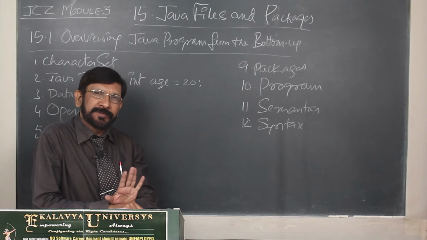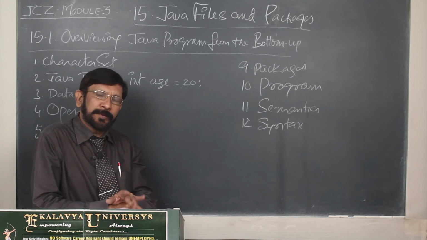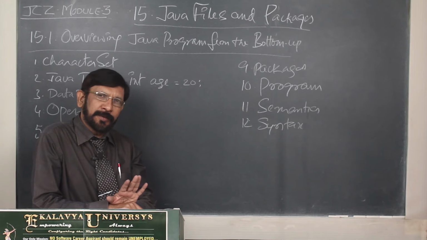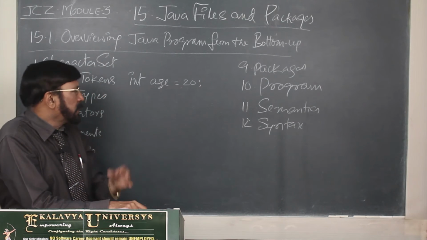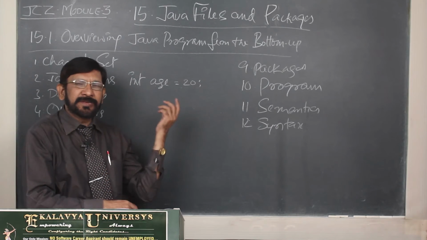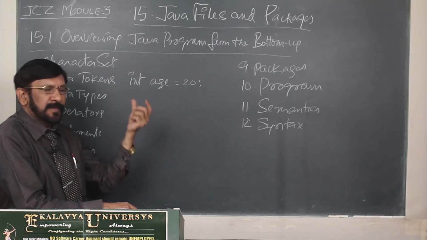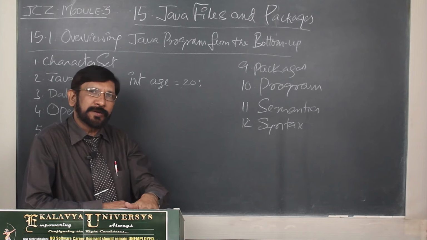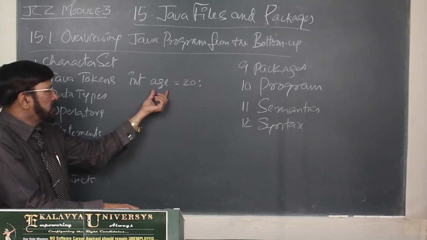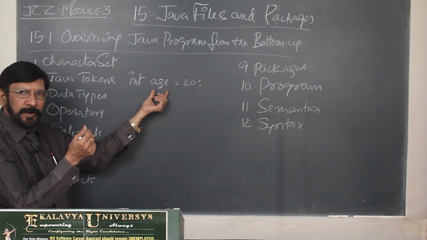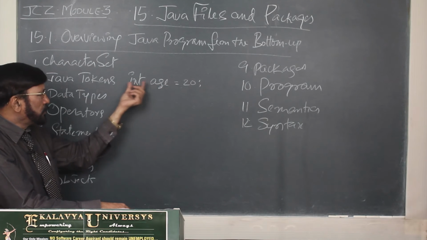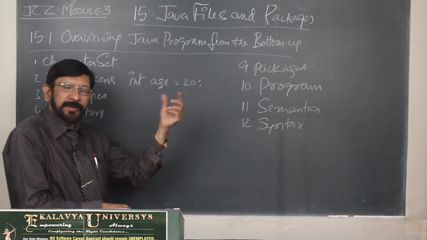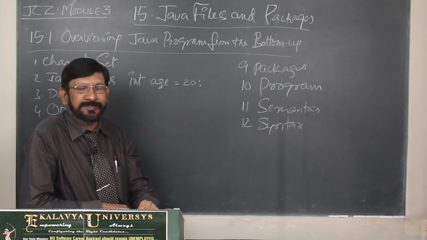Number 3, certain types of operations can be performed, like arithmetical, relational and logical operations. This set of characteristics is known as the blueprint. Whenever you define age or some other variable, it is created subject to this blueprint only. You have to understand that.